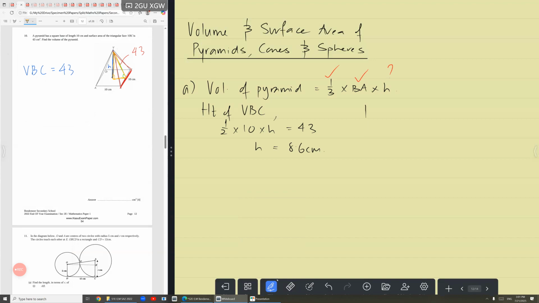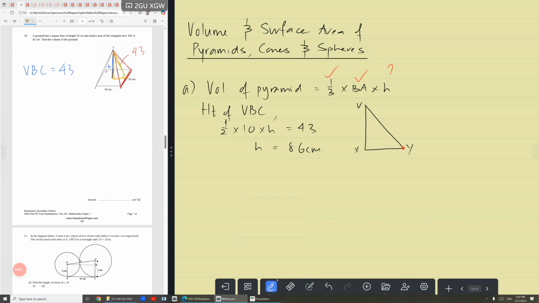Okay, so let me draw a separate triangle. This is the side profile of our pyramid. V is the apex of the pyramid, and this is the center. Let's name the center x, and this point in red, the height of triangle VBC, let's call it point y.